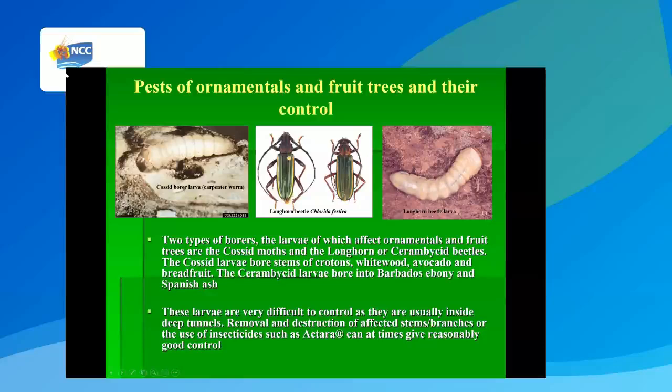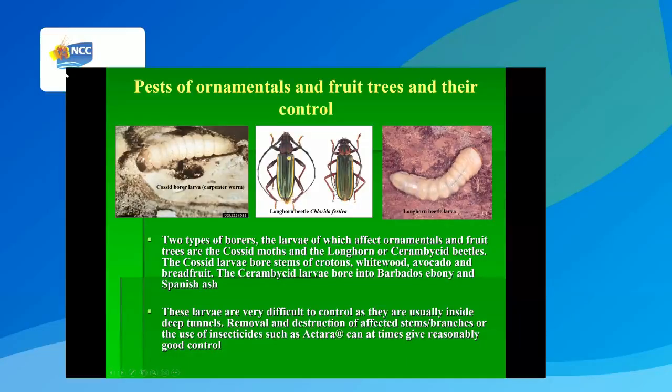They love breadfruit, and a number of other trees that they bore into the branches, make them weaker, susceptible to breaking in winds, and reducing the vigor and productivity of those plants.